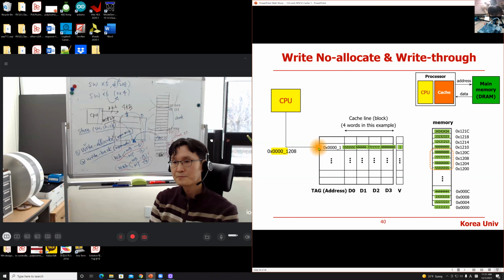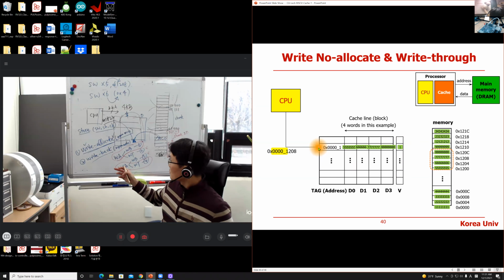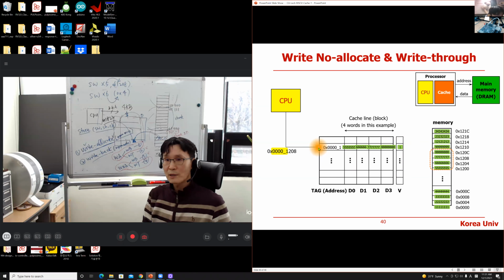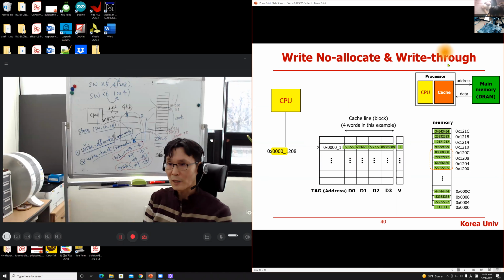What should happen? So we are talking about we have cache hit. So write through policy. According to write through policy, update both cache and main memory. Okay, update both these two guys.